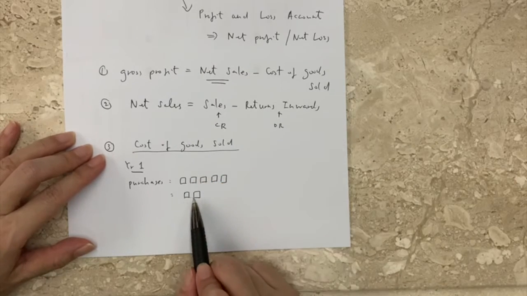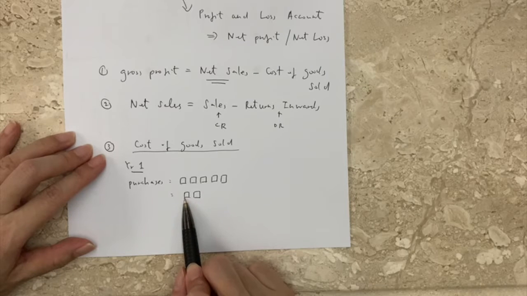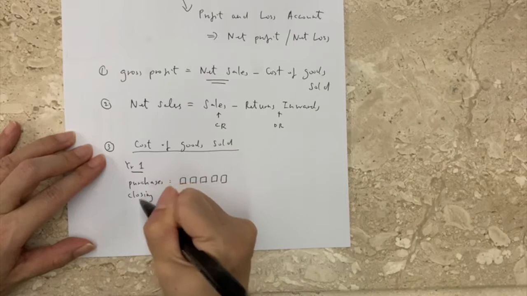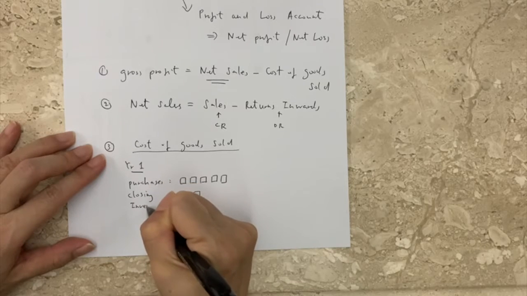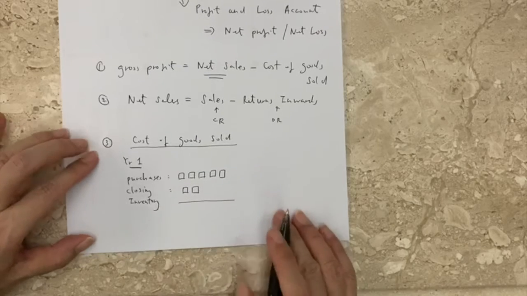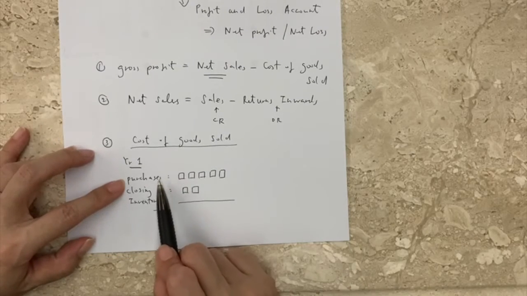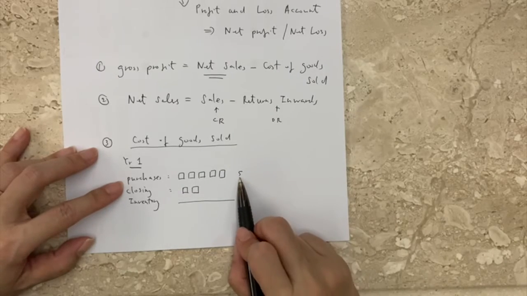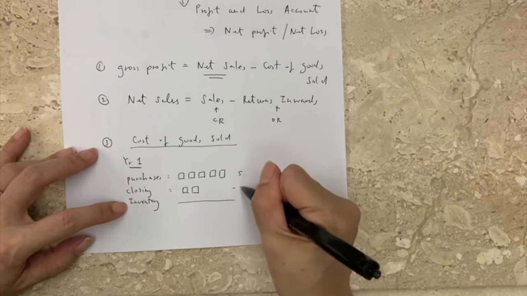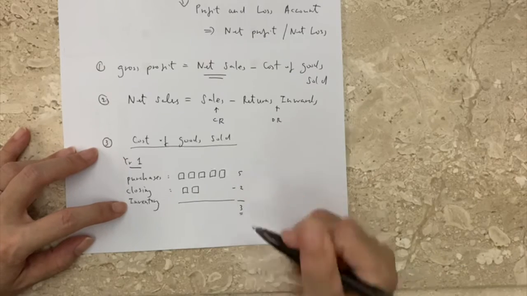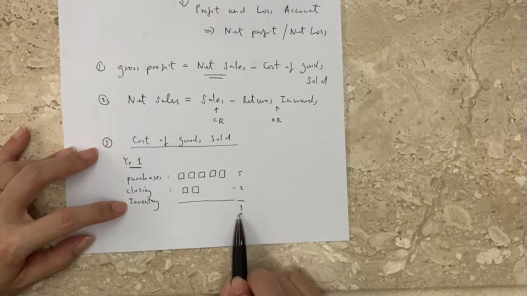These 2 boxes not sold to customers, we call closing inventory. So we start with 5 bought from the supplier, minus 2 left, so we sold 3 boxes. Here we have the formula to get 3.